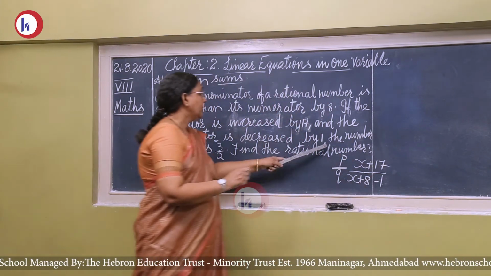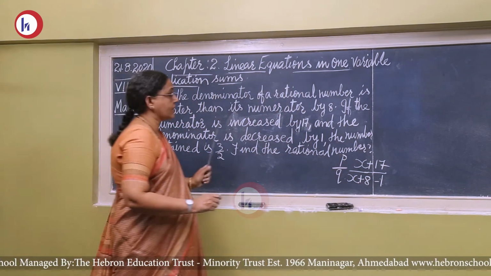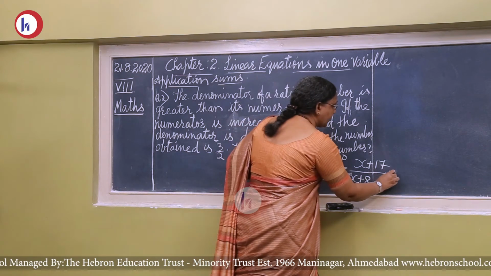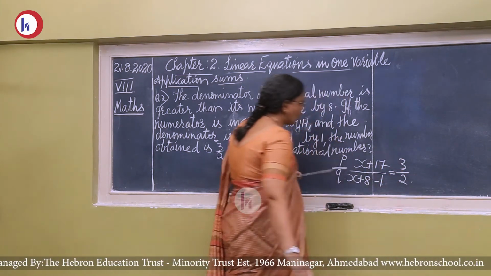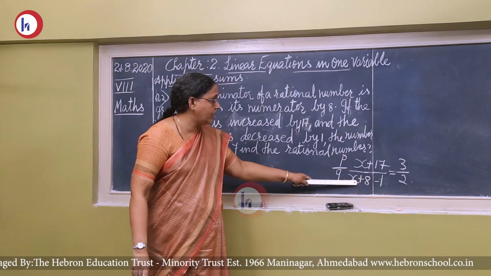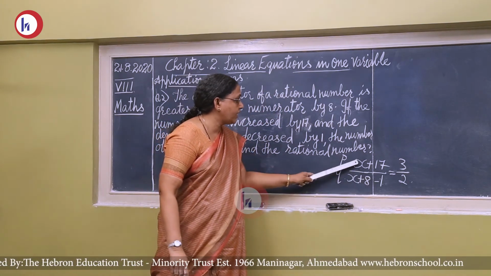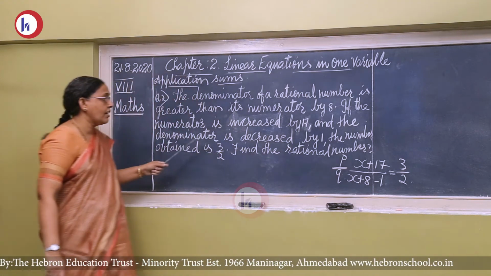Then the number obtained, when we do all these things, is 3 upon 2. So we are getting the equation here. Now solve this and find the value of x. Then you will get the rational number.